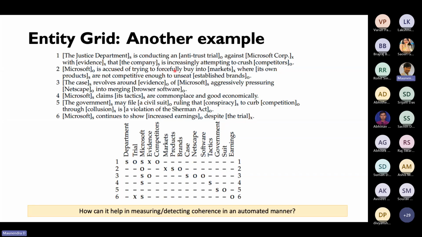Like that, you can construct a large set of training data. Then based on that, you can train a binary classifier to detect whether a given input is a proper discourse or not, or whether it shows coherence or not. So that is a simple algorithm for using the entity grid to detect coherence in an automated mode.